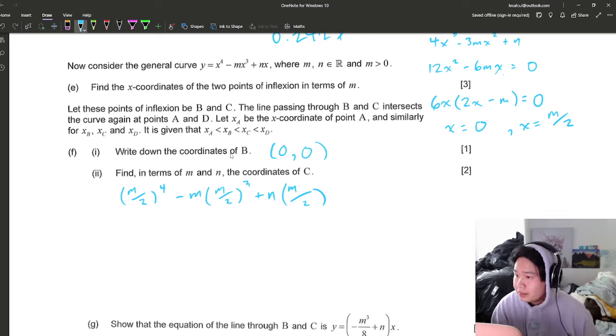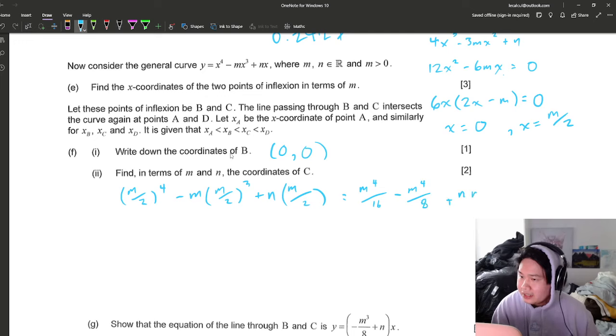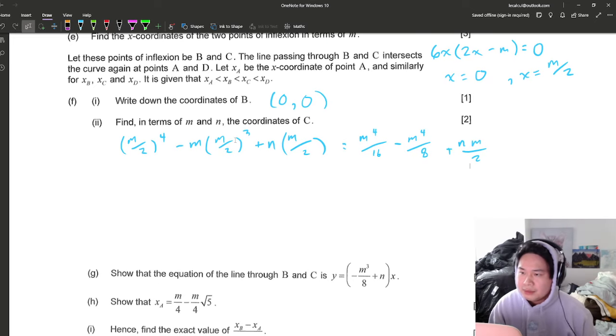Okay, so this is gonna be (m over 2) to the power of 4 over 16 minus (m over 2) to the power of 3 over 8 plus n times m over 2. And then, should I just keep going and make these look as nice as I can?